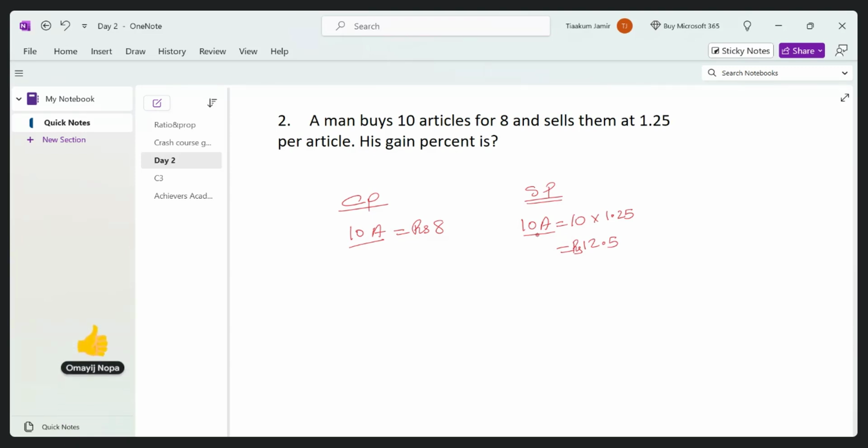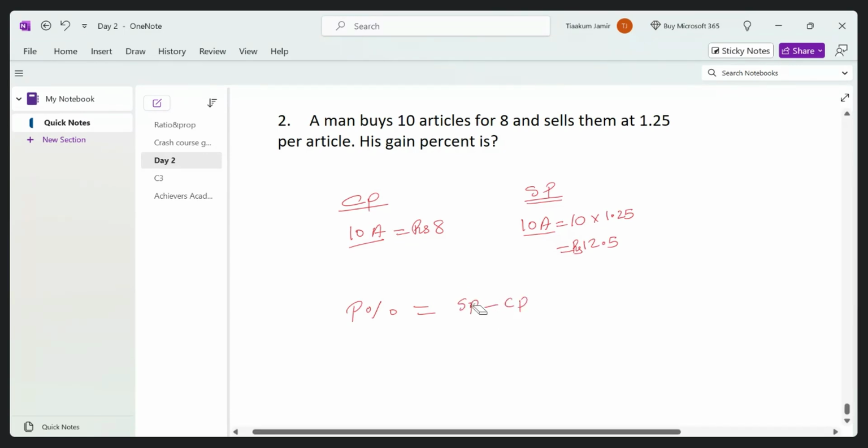So they do the same as 10 articles of research, for which we can find the profit percent. Profit percent is equal to what? Selling price minus cost price, by cost price.